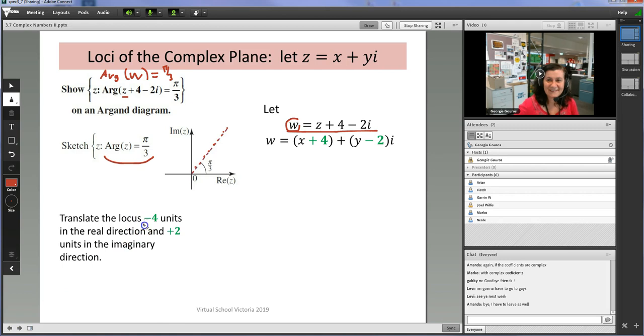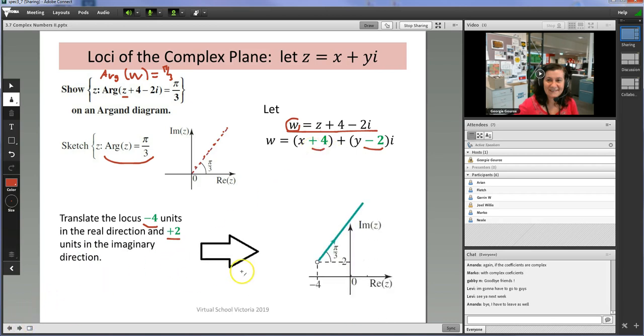We translated negative 4 units in the real direction and positive 2 units in the imaginary direction. Negative 4 in the real, positive 2 in the imaginary. So we've actually just shifted. These are the complex numbers on this locus that make this condition true. All those complex numbers meet this criteria and they make a locus.